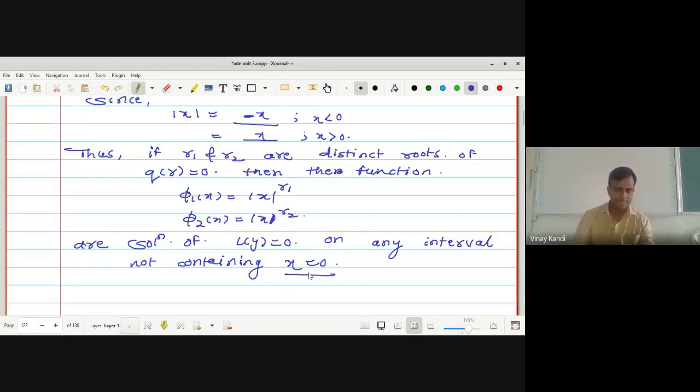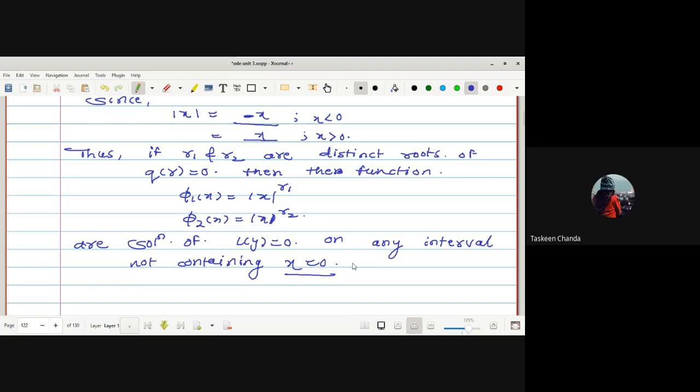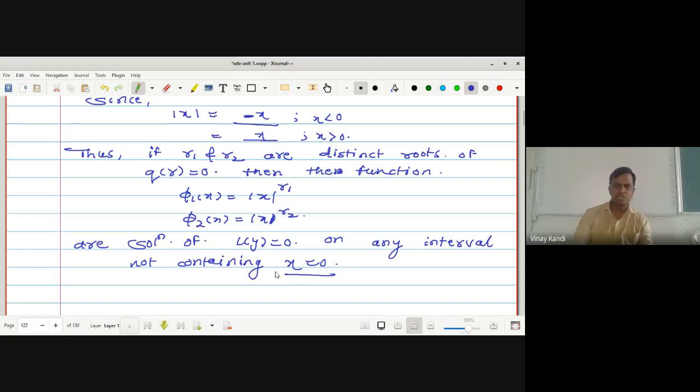Why x is equal to 0? कोणी सांगू शकेल? मॉड x हा डिफरन्शिएबल आहे का x is equal to 0 ला? No, sir. म्हणून त्या इंटरव्हलमध्ये जर x नसेल तर हे काय असतील? दोन सोल्युशन असतील.